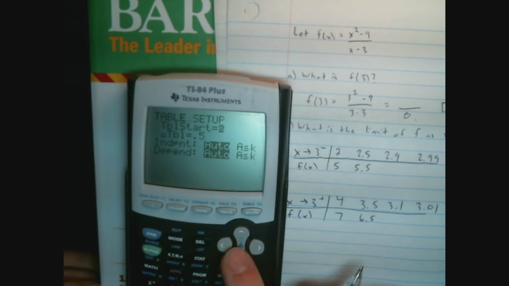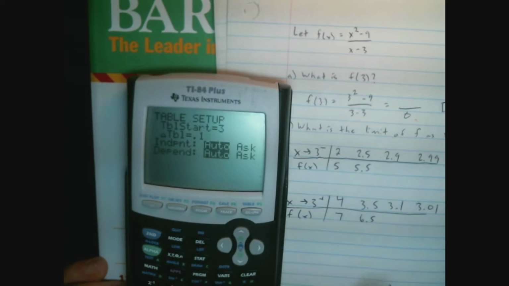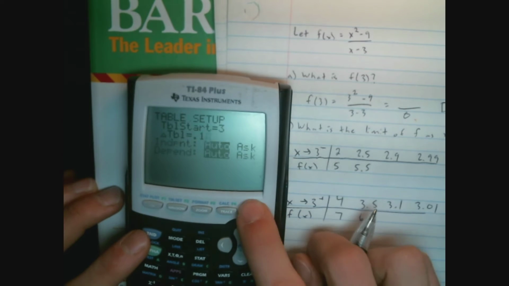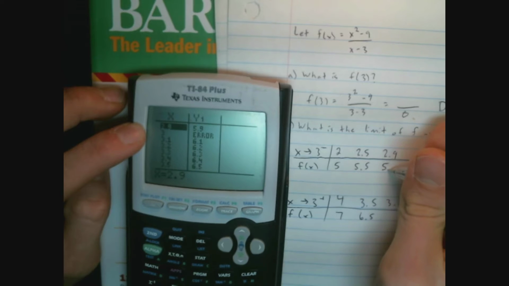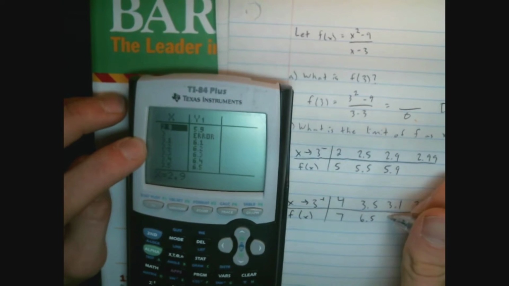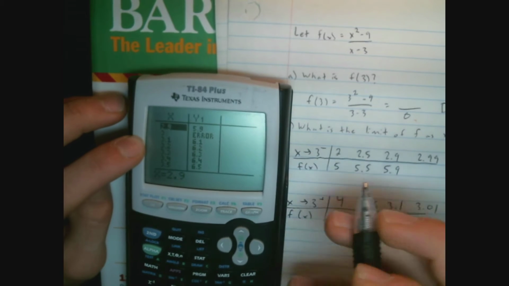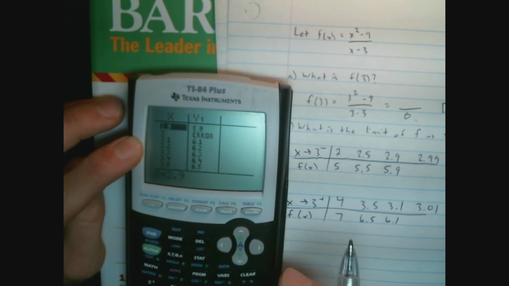Starting at 3 and going every 0.1, look at the table again. At 2.9 it is 5.9 and at 3.1 it is 6.1, and you can see as it approaches 3, it's telling us it's an error.